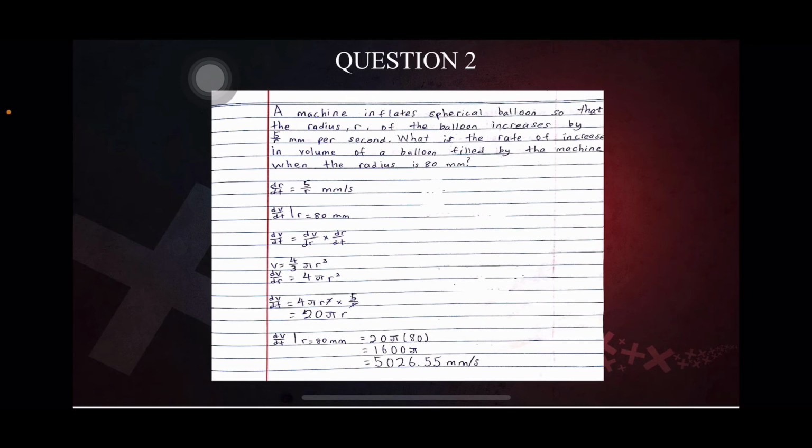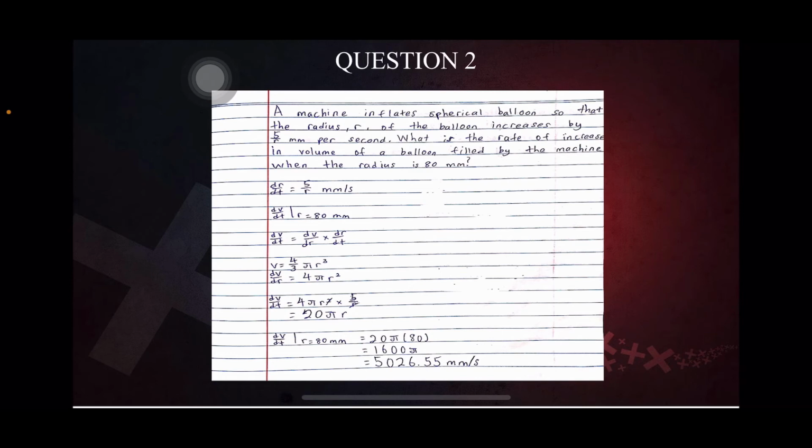This statement means that it's asking us to find dV/dt. However, to find dV/dt when r equals 80 mm, we have to find dV/dt in general first. To find dV/dt, we have to do multiplication: we multiply dV/dr by dr/dt.